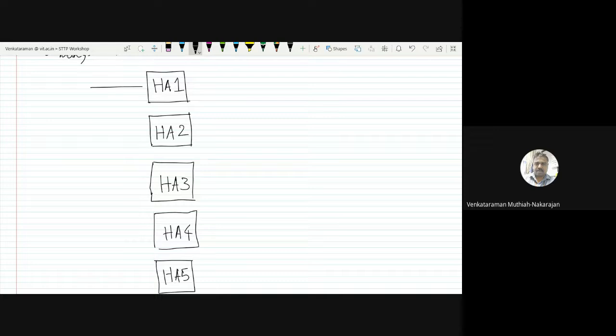You input the same information for all the algorithms. For each of them, you supply the function that you want to optimize, f of x, the dimension, and the bounds x min and x max.